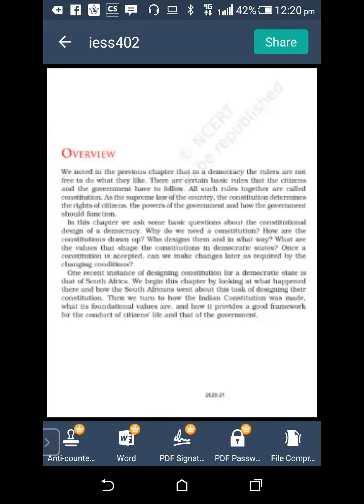Then we turn to how the Indian constitution was made. Our constitution was made, started in 46 and 47, and it was completed in 2 years, 11 months, and 18 days.